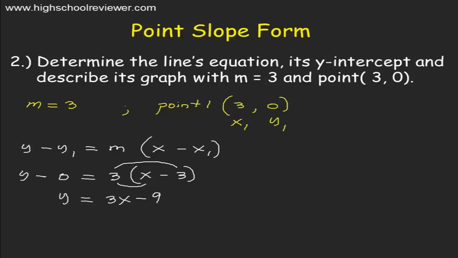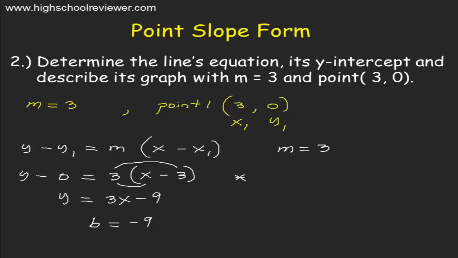So this is our equation of the form y equals mx plus b. Our b now will be negative 9. So b, or the y-intercept, is negative 9. And then again, our slope is positive 3.